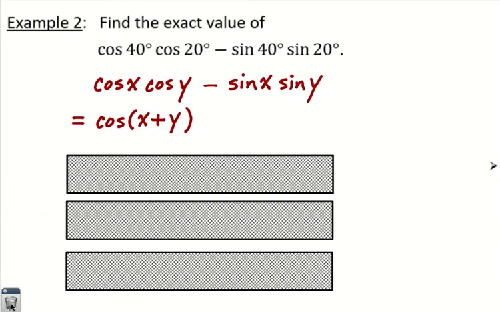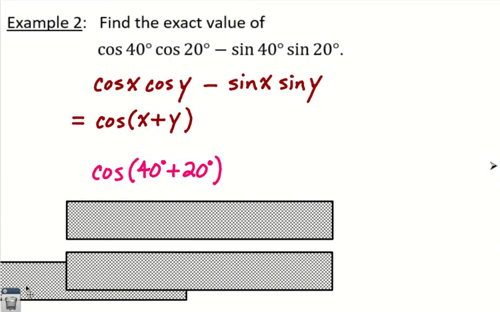But that's what's going on. Ultimately, whether you need to write this down or not, this cosine 40, cosine 20 minus sine 40, sine 20 gets changed into just the cosine of the sum of these two angles.